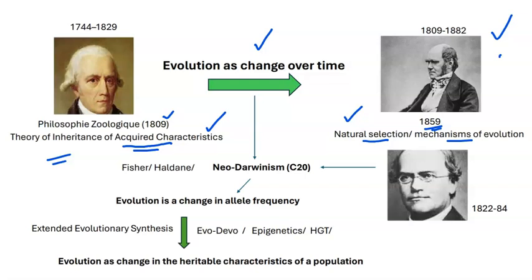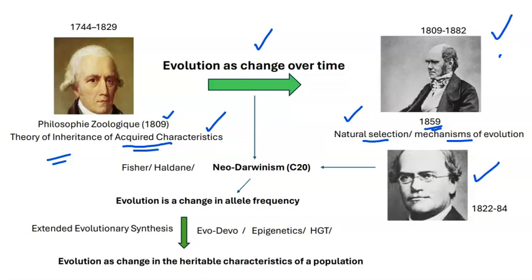And of course, this became clearer with the incorporation of Gregor Mendel's work, again a 19th century contribution, in the synthesis of genetics with evolutionary theory as proposed by Darwin.